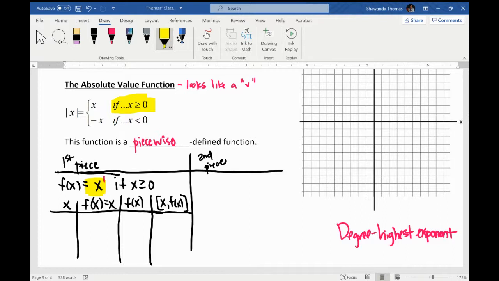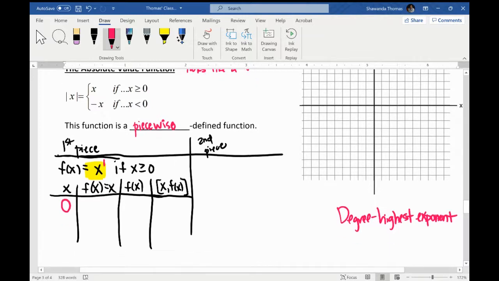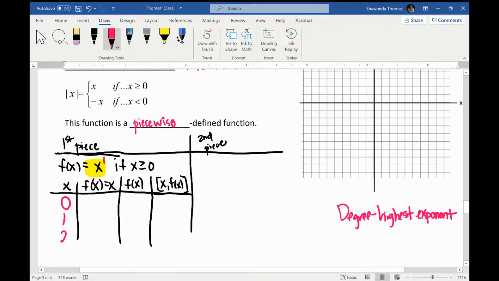So I always want you, no matter what, to plug in these numbers first, and then you decide on what other numbers will work. For this first piece, I want you to plug in 0 first. What other numbers will work? 1, 2, 3, 4. And that's good enough because it's linear.